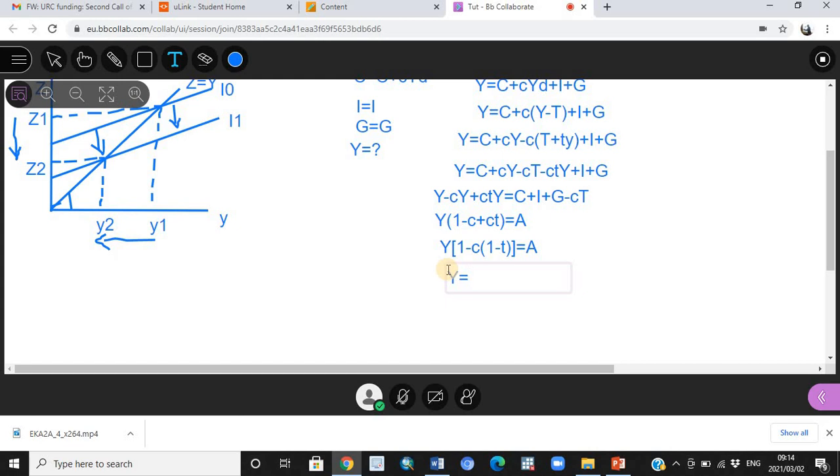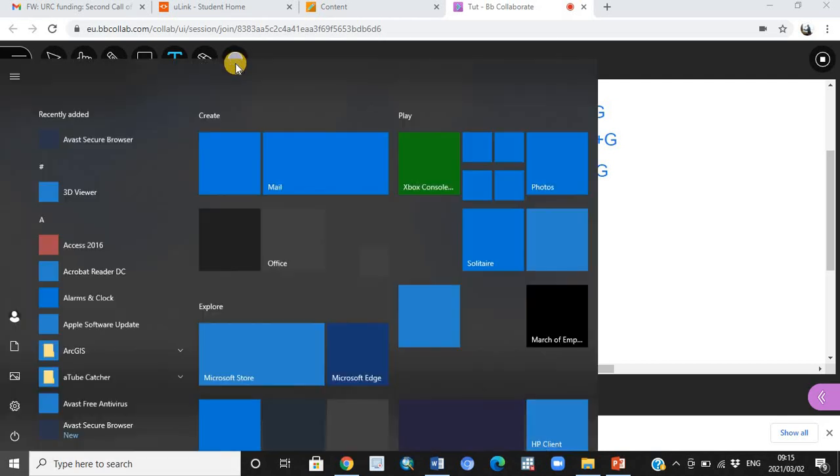This is going to be equal to, let me write the division line, 1 dividing 1 minus c, 1 minus t, and this should multiply A. So this is our expression for the equilibrium income.